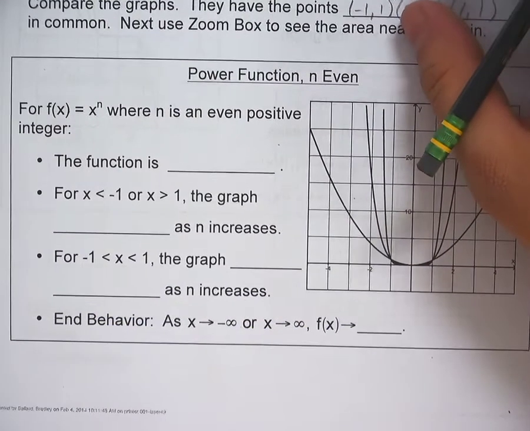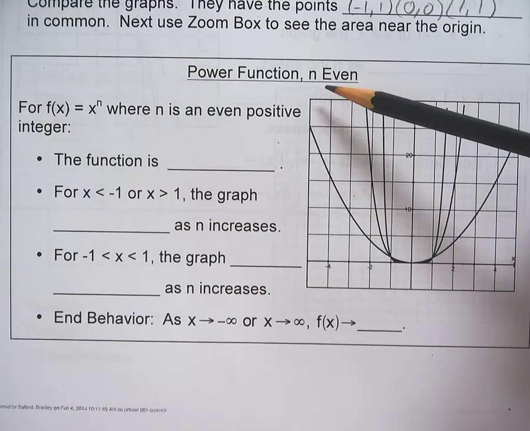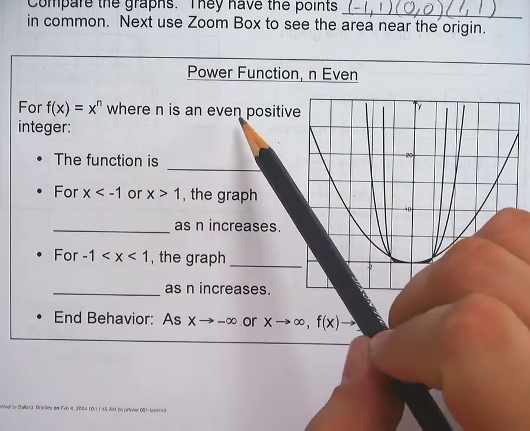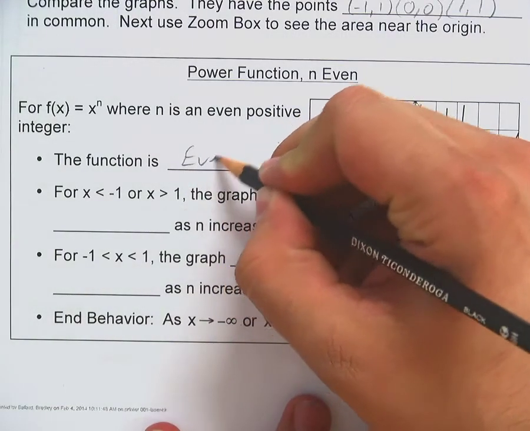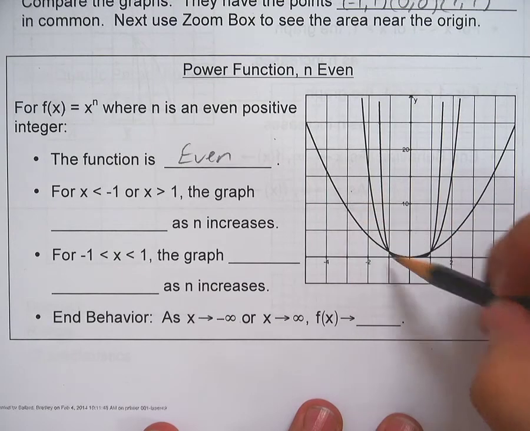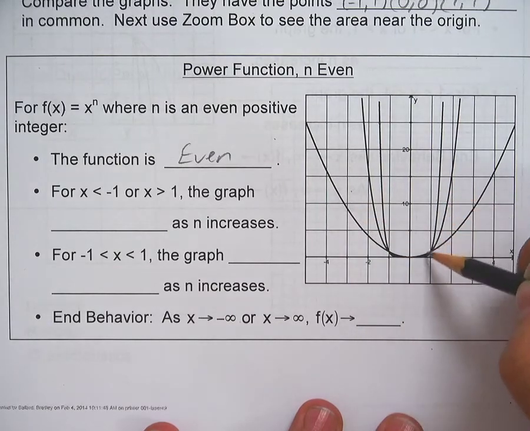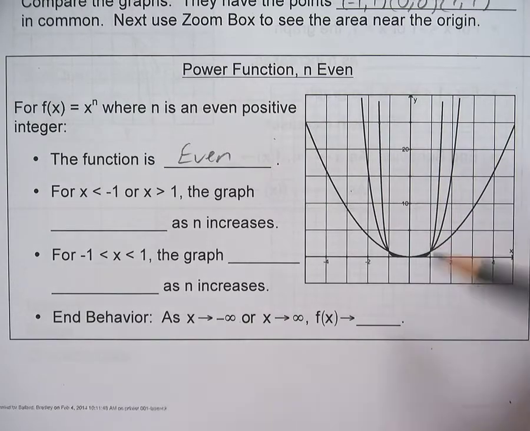So let's talk about the two different types of power functions. What if x is to an even power, like x to the n where n is an even number? Then we would call this function even. And here's what they look like. Here's an even power, an even power, an even power. It's even because it's reflected across the y-axis.